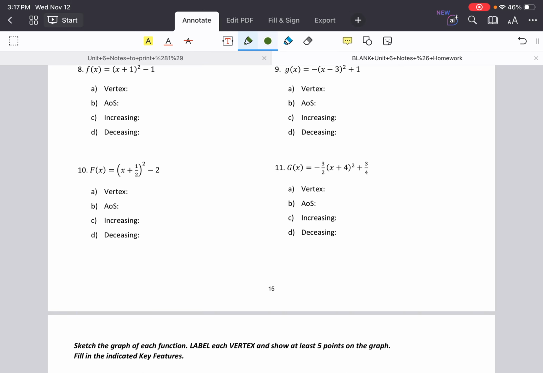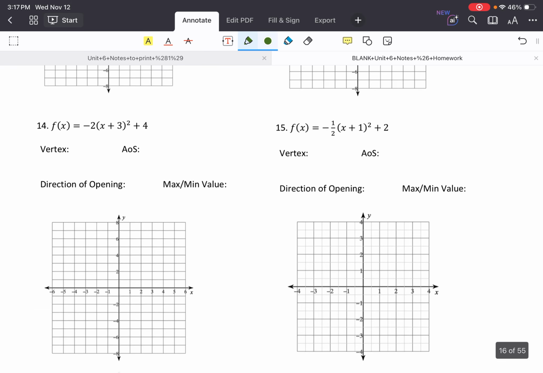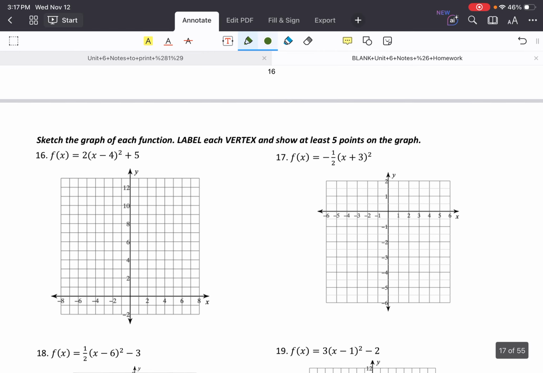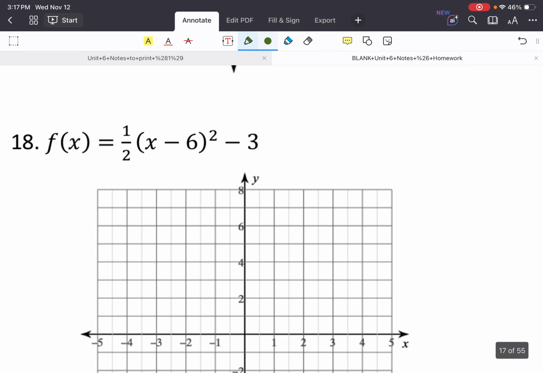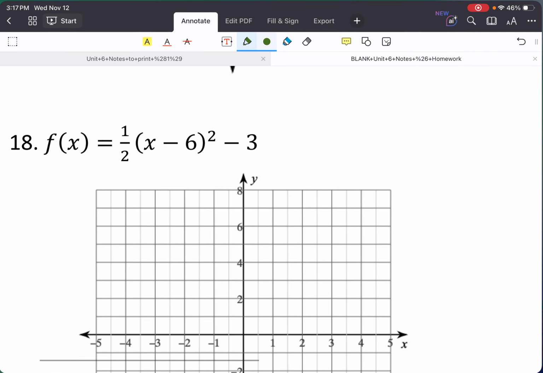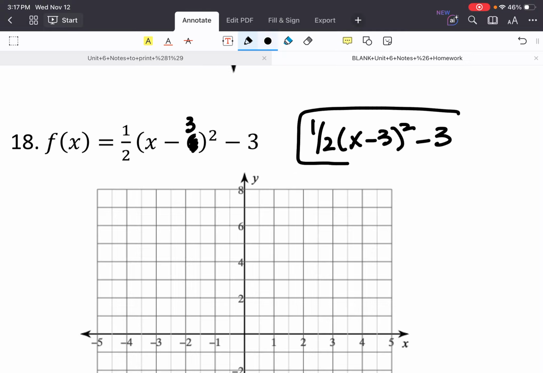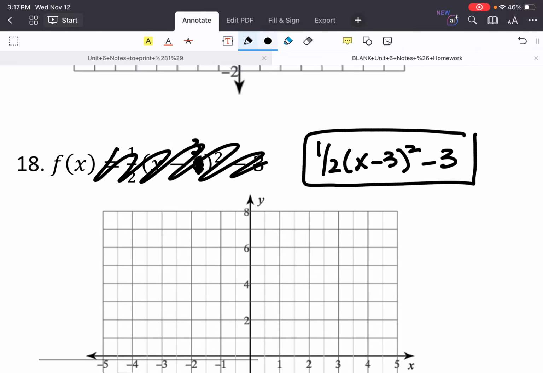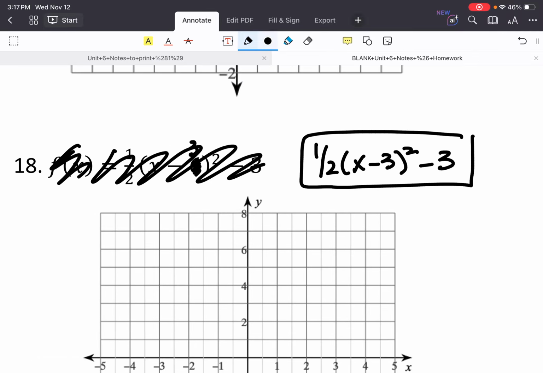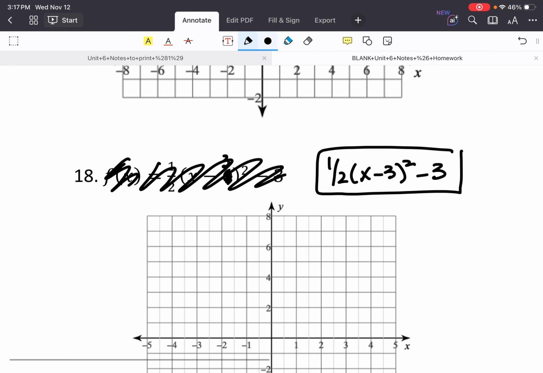Oh, 18. I meant 18. So go to 18 on your homework. We are going to change this. Instead of -6, I want it to be -3. So it'll be 1/2 parentheses x minus 3 squared minus 3. That's really, really important that you change that one. Otherwise, it does not fit on the graph that you have been provided. So make sure you go to 18 and change that one.